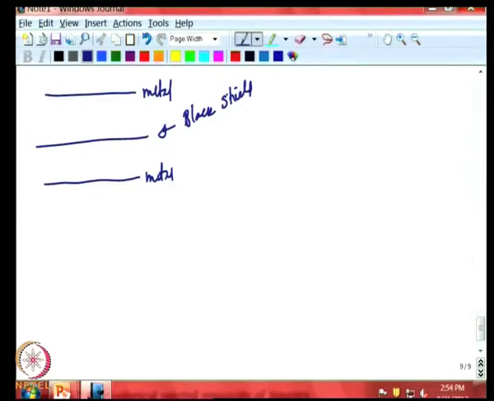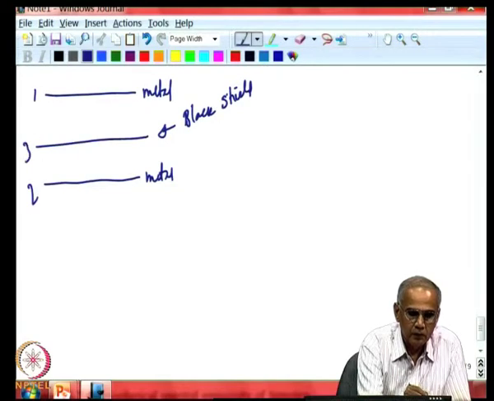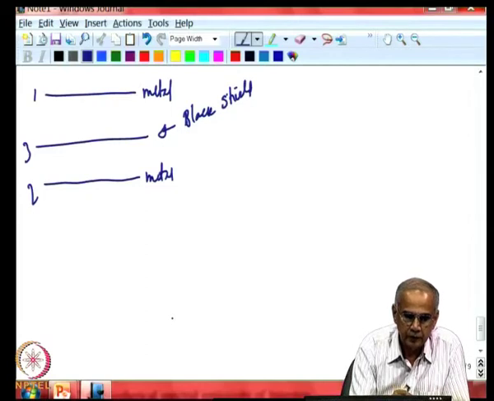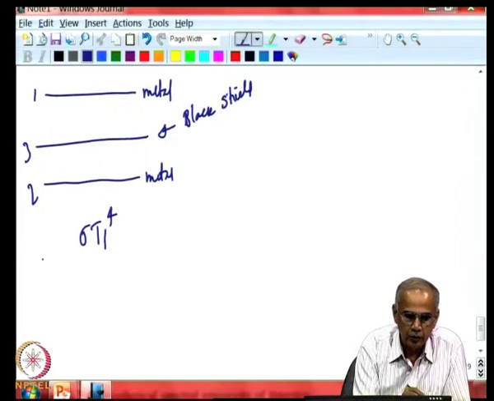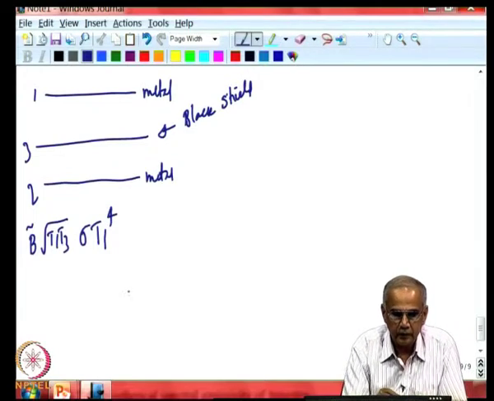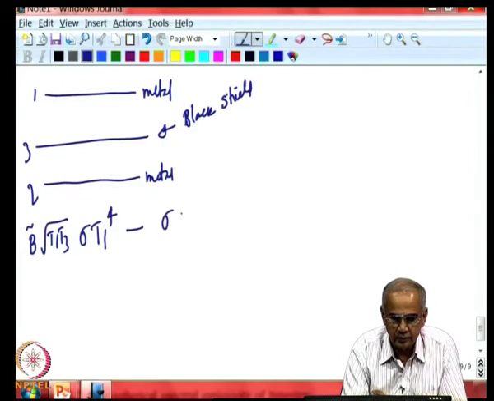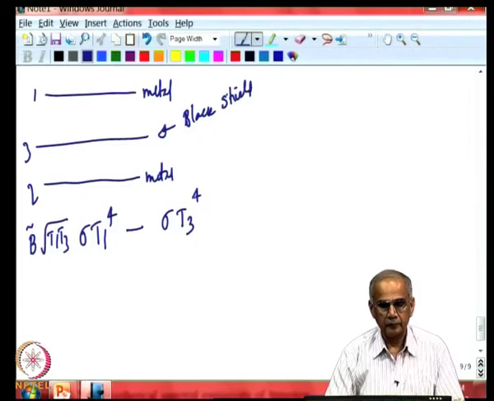If you have got familiar with this approach now, you can write by inspection that radiation emitted by 1 and absorbed by the shield will be here T 1 T 3, minus what is emitted by shield 3.